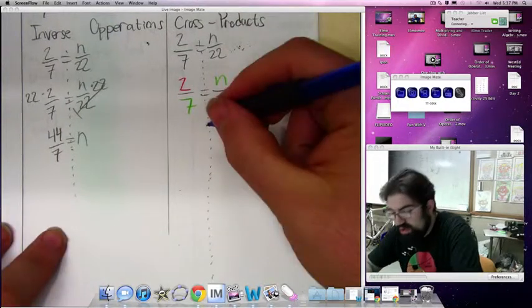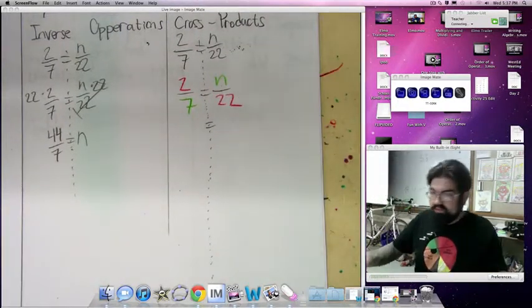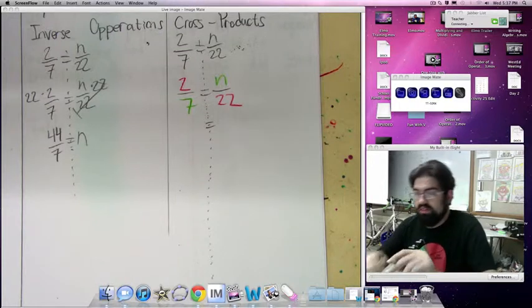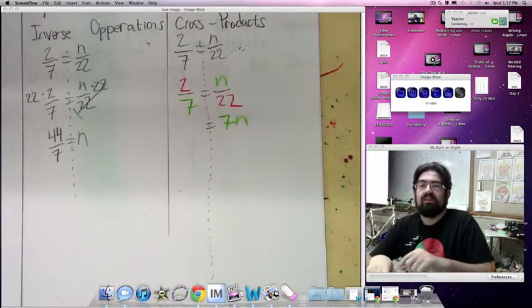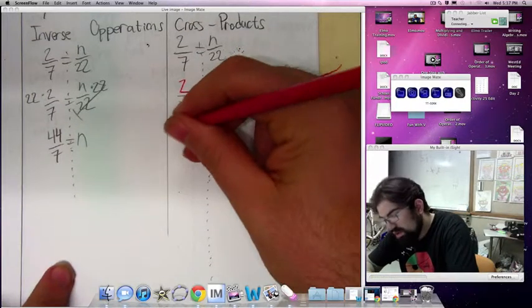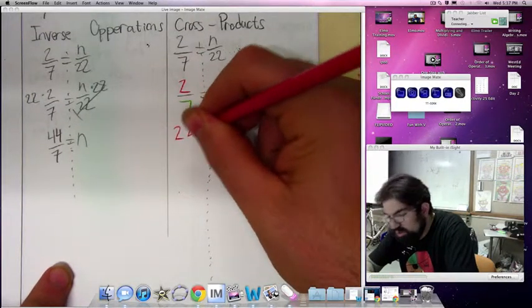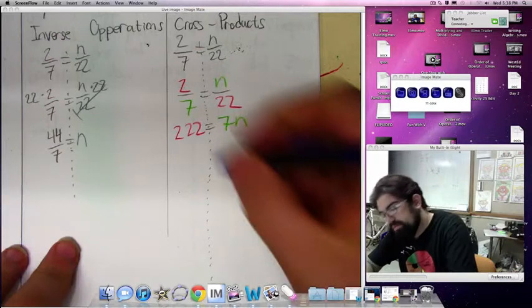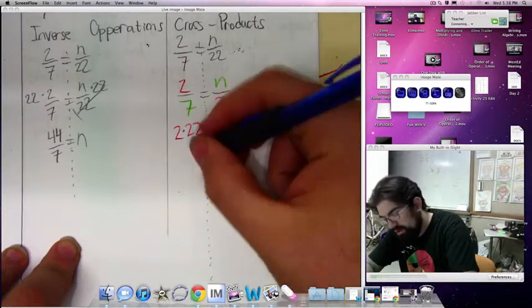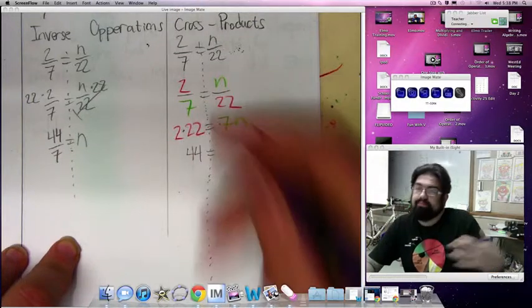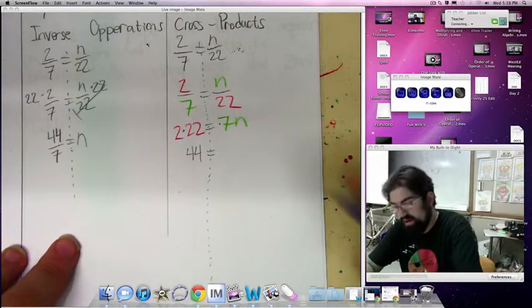Okay. Cross multiplying means I'm going to multiply across the boundary. I'm going to take 7 times n and then 2 times 22. See, 2 times 2 is 4, 4, and that's 44, right?